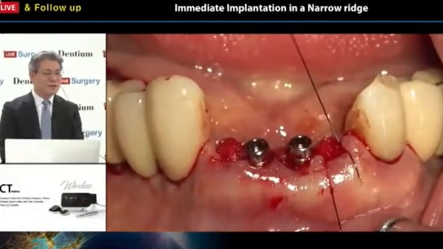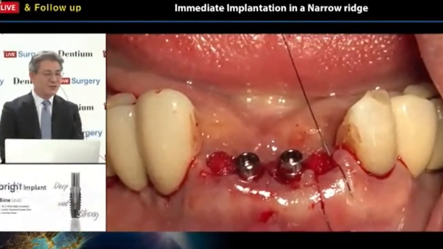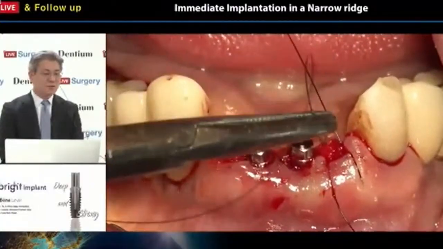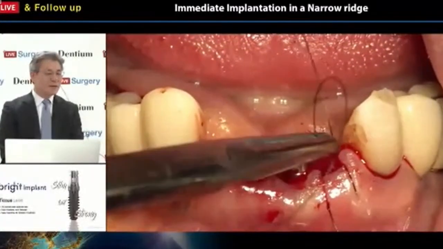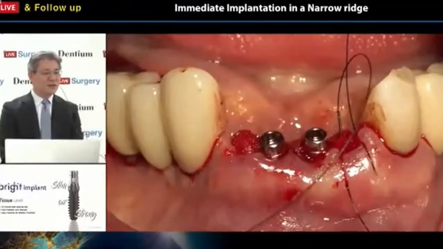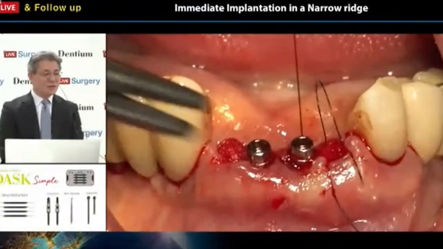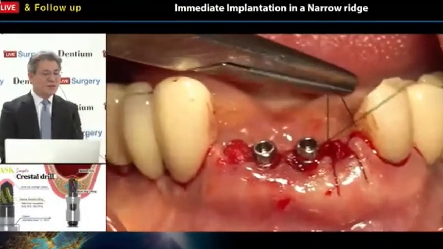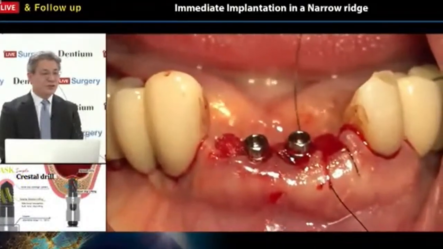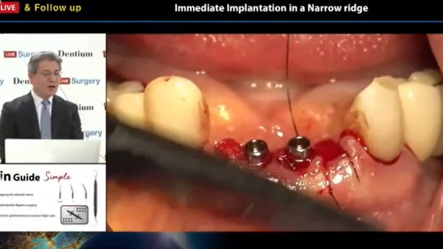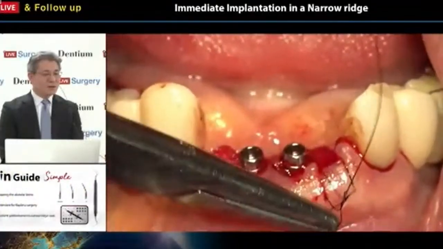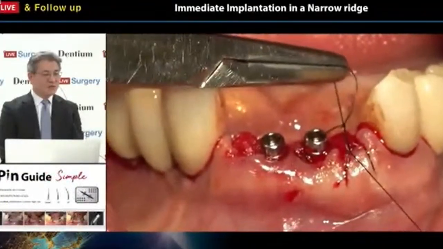And this Bright system on the lower anterior narrow ridge area is a super simple procedure. This Bright tissue level is a great invention to optimize the narrow ridge area.